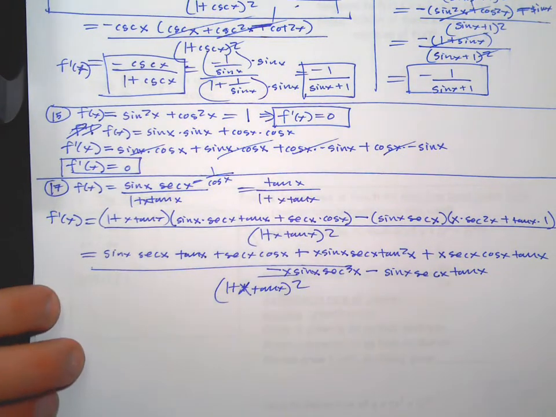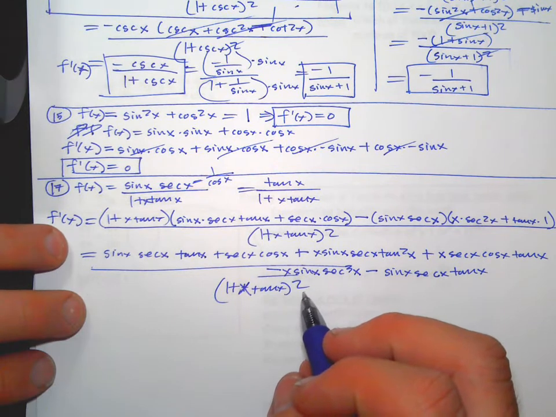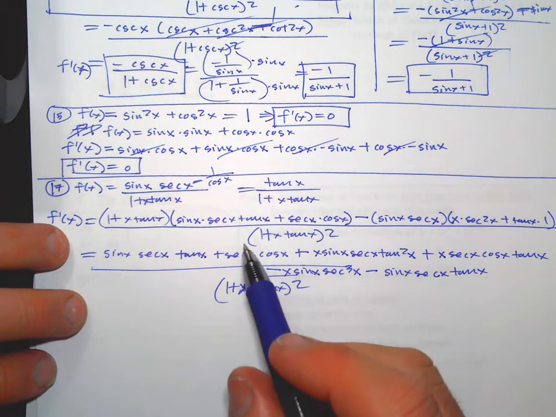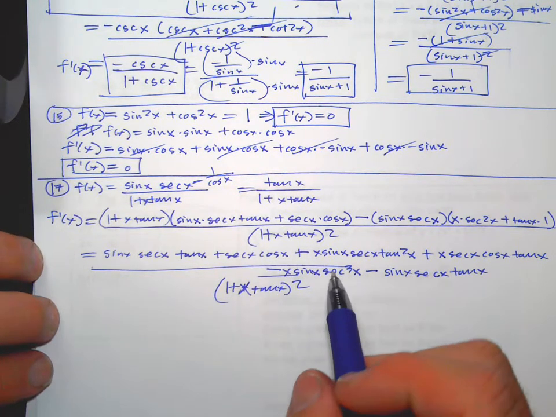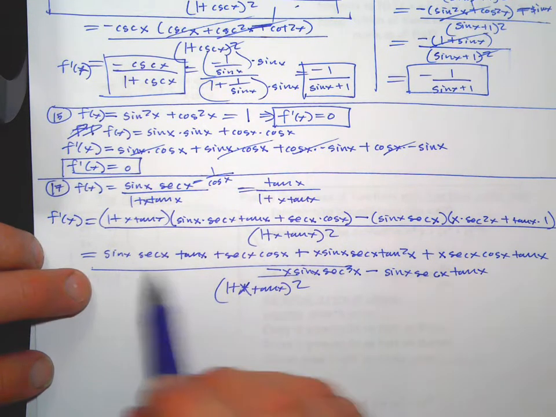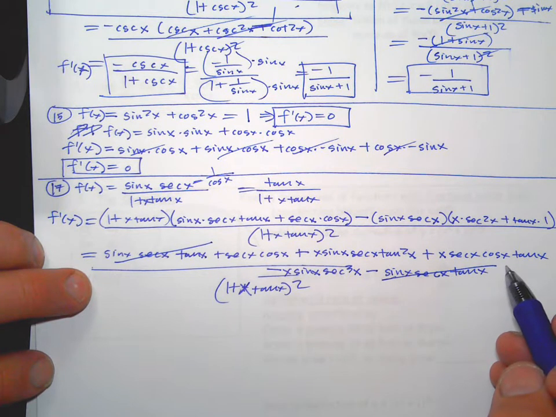Okay. Are there any like terms? I think what I want to do with some of this stuff is, let's see, sine secant tangent, negative sine secant tangent. All right, that works. See anything else?